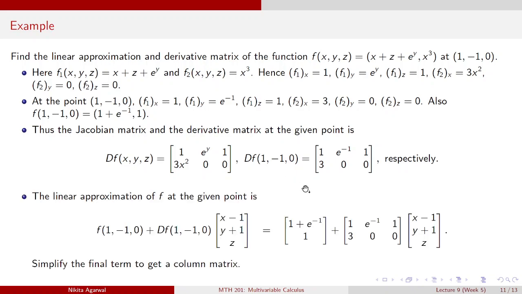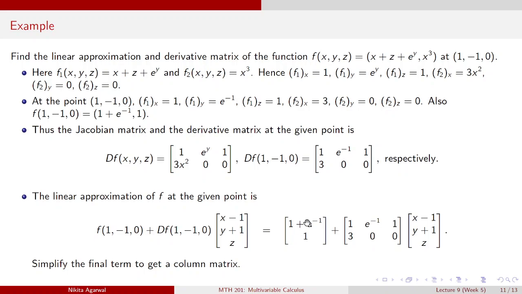Now what is the linear approximation? It's given by the value of f at the given point plus the derivative matrix times x minus the first component of the given point, which is x minus 1, y plus 1 and z minus 0, which is z.